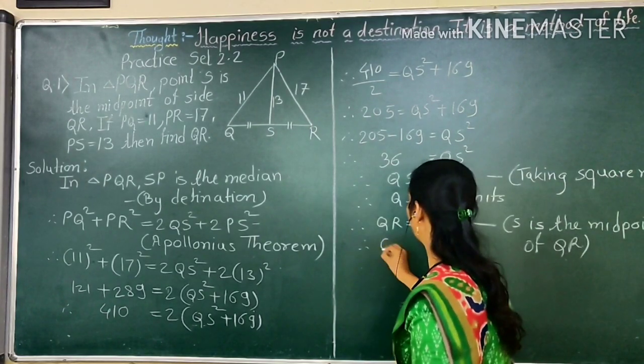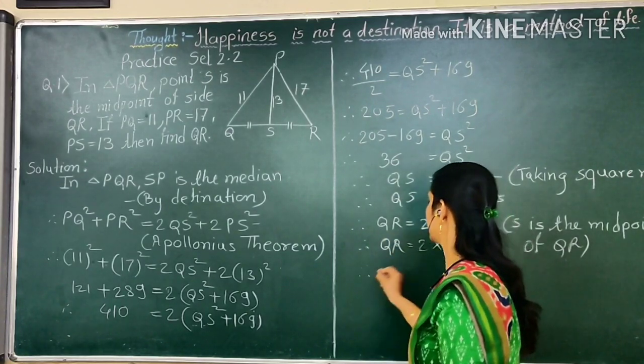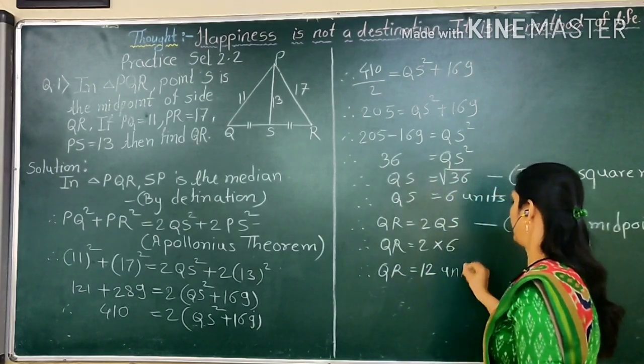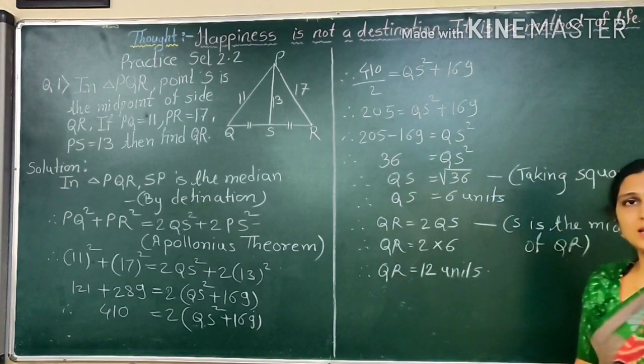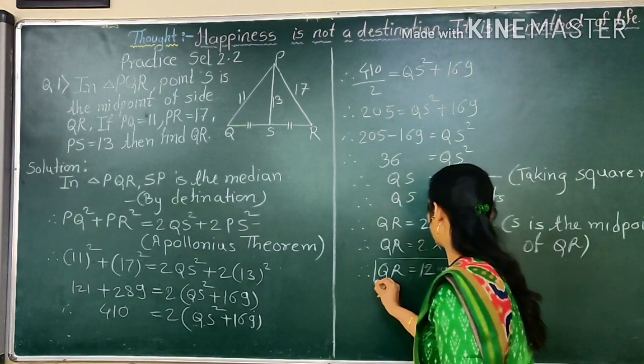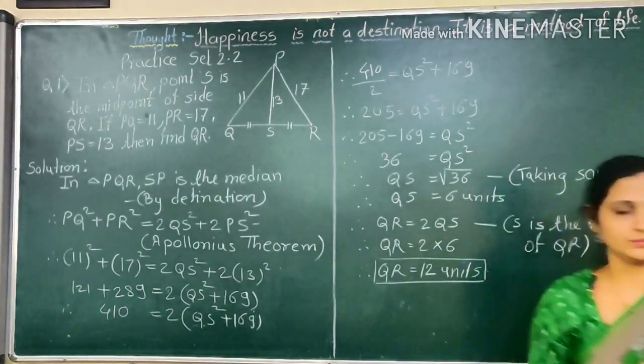Okay. Therefore, QR is equal to 2 into 6. So QR is equal to 12 units. Okay. So this is our answer. QR is equal to 12 units.